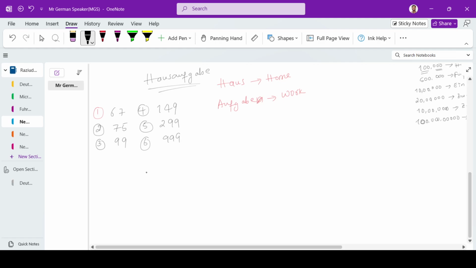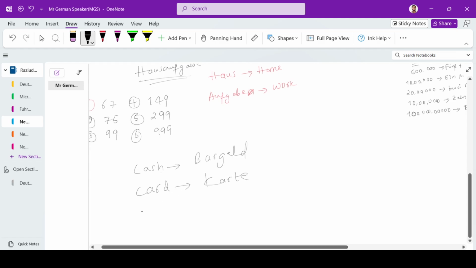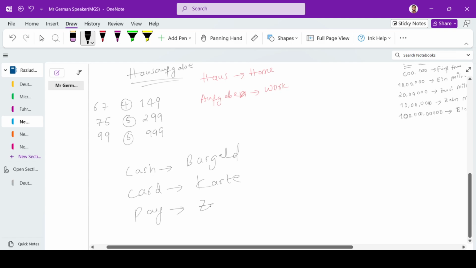For cash, they call it Bargeld, and if you want to pay by card, they call it Karte. And to pay, in Germany we call it Zahlen, or sometimes Bezahlen. Actually, Bezahlen is the right word. Zahlen is numbers.